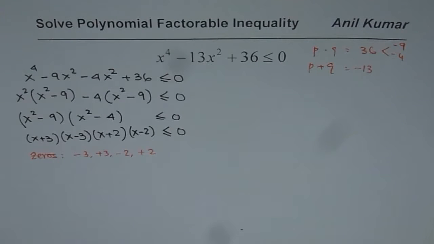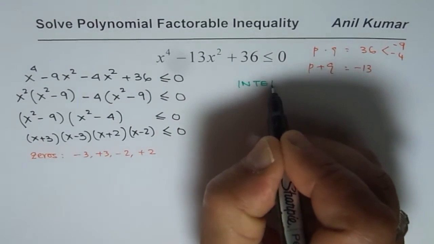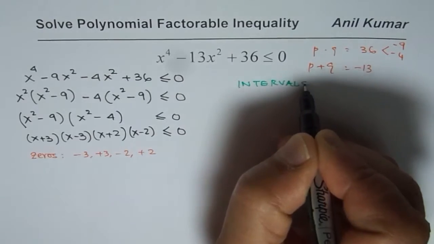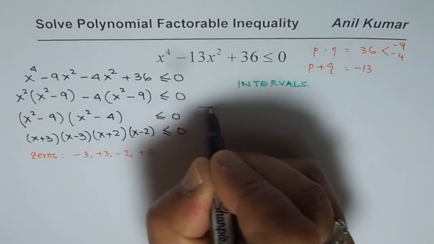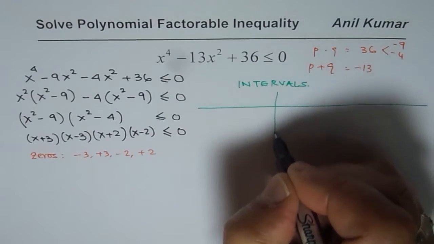It may remain the same also at times, right? So it makes sense to test intervals between these zeros. So the method being adopted here is to test the intervals, and then we will confirm our solution with the help of a graph.